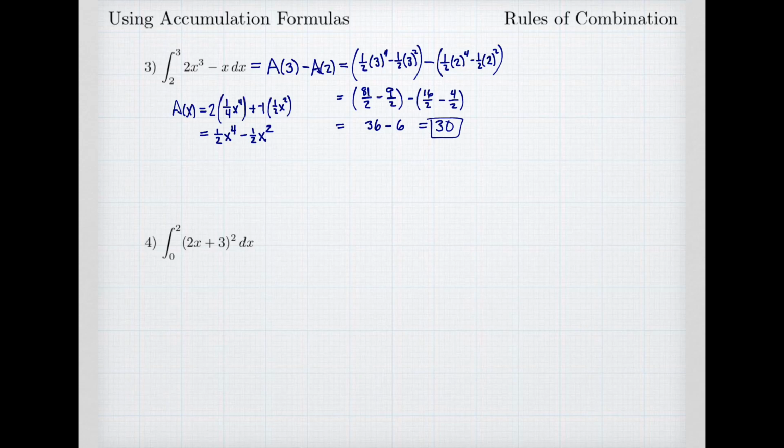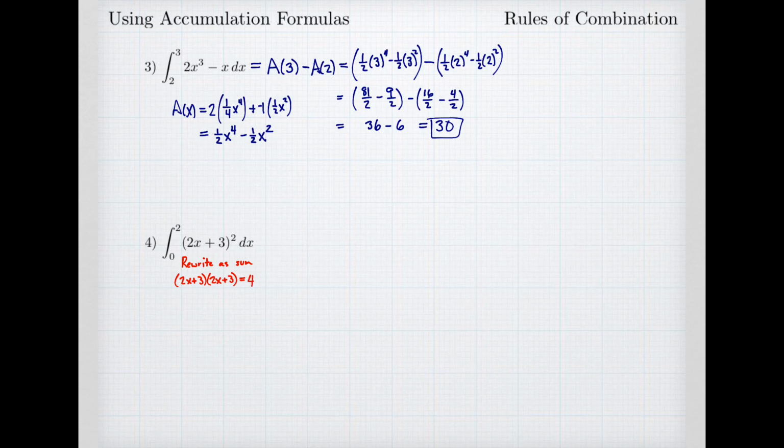So I need to rewrite this formula as a sum, because our rule is for sums. That means I need to distribute. So 2x plus 3 squared means 2x plus 3 times itself, and I can expand that.